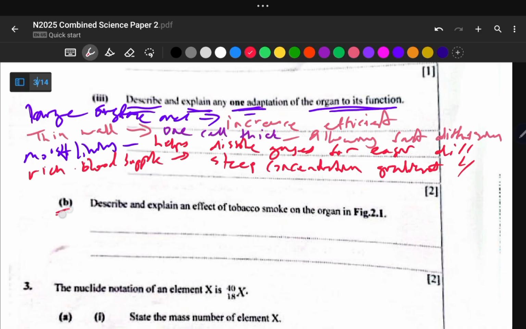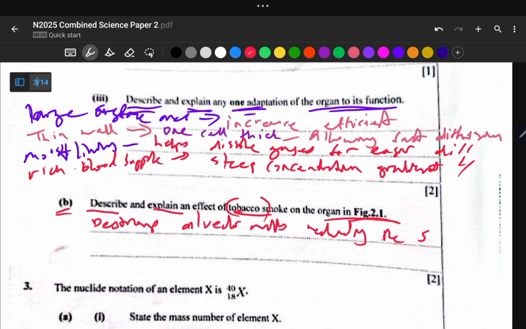So we are now moving on to the next part. Describe and explain the effect of tobacco smoke on the organ labeled 2-1, right? In tobacco we have tar and nicotine. This destroys the alveolar wall, reducing the surface area for gaseous exchange, leading to emphysema, right?